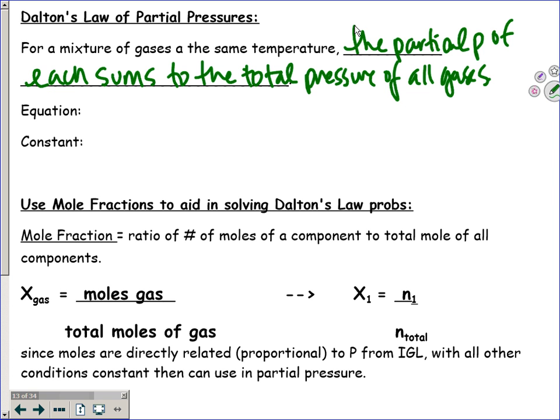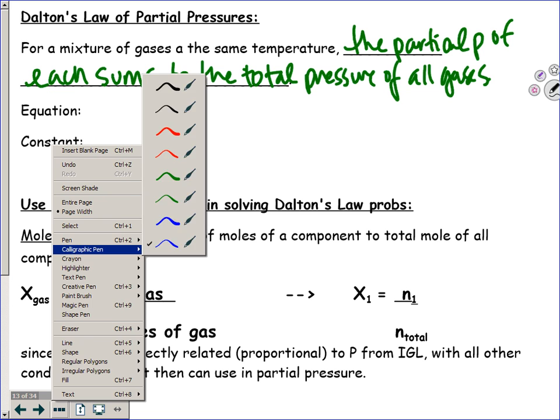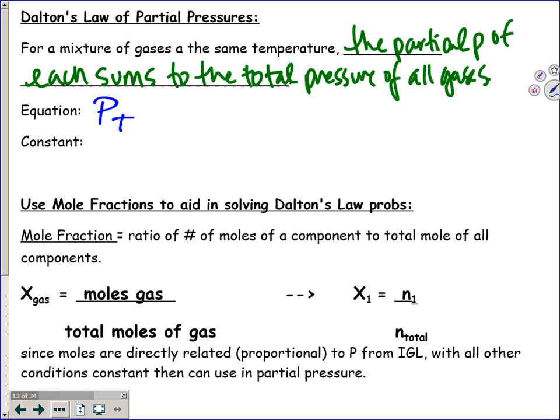So basically, partial pressure plus partial pressure plus partial pressure, however many gases you have, sums to the total pressure. That makes sense, right? Because pressure is a cumulative variable. So the equation is P total, PT, is equal to P1 plus P2 plus P3, and so on. If we only had two gases, it would just be two partial pressures.